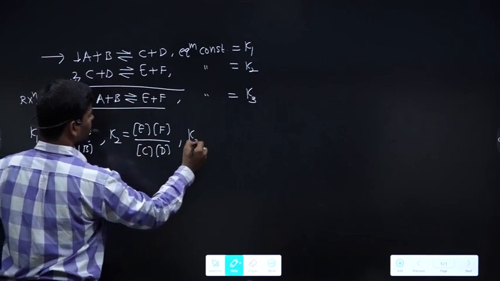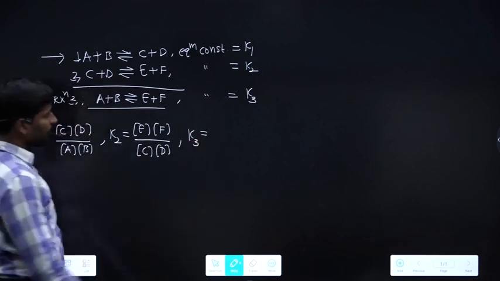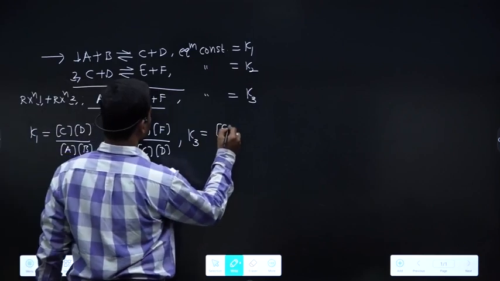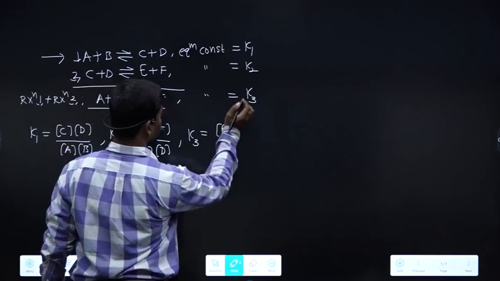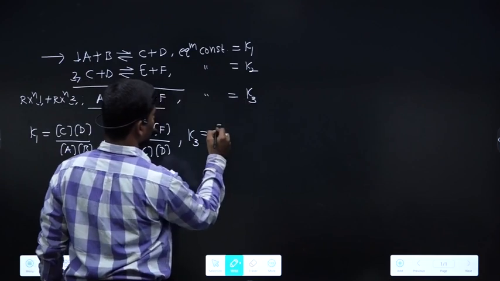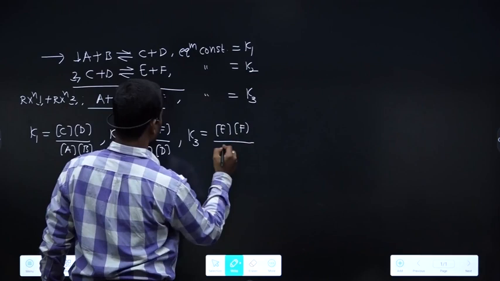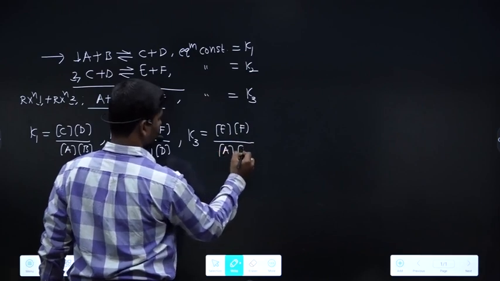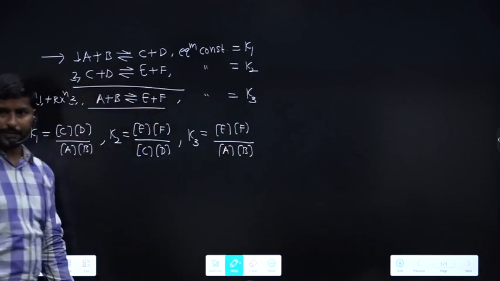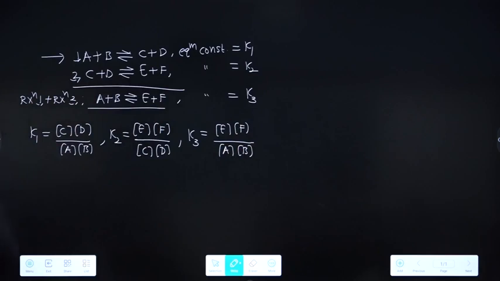And the expression for K3 is EF by AB. Write the expressions for K1, K2 and K3.